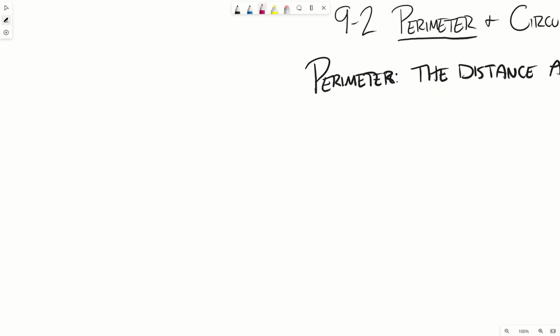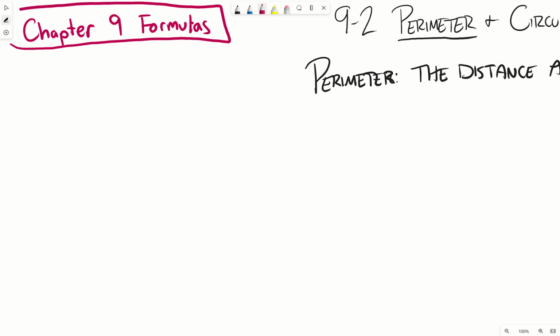It's going to be our Chapter 9 formulas. As we go through chapter 9, we're going to be adding lots of formulas to this section here. So we're going to start with perimeter.